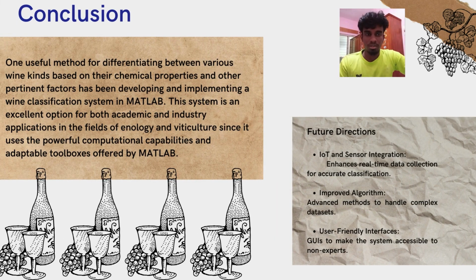As a conclusion, I want to state that this is a useful method for differentiating between various wine kinds based on their chemical properties and other pertinent factors, through the development and implementation of a wine classification system in Matlab. This system is an excellent option for both academic and industry applications in the fields of enology and viticulture, since it makes use of the powerful computational capabilities and adaptable toolbox offered by Matlab.